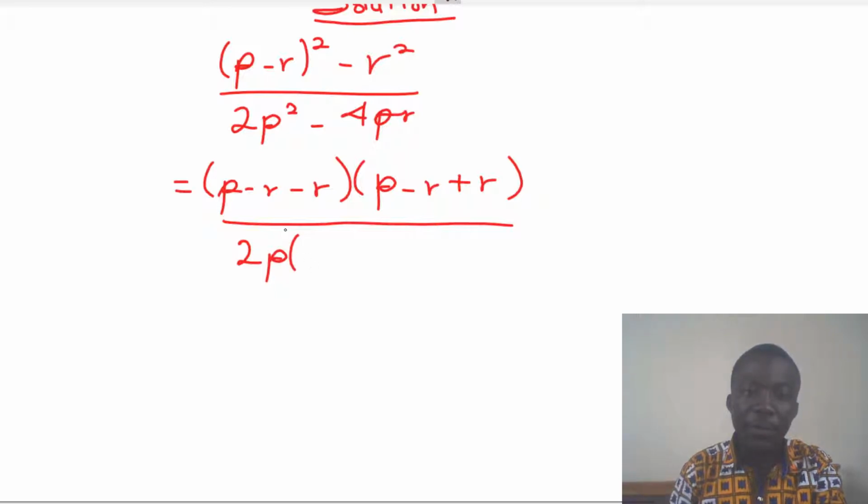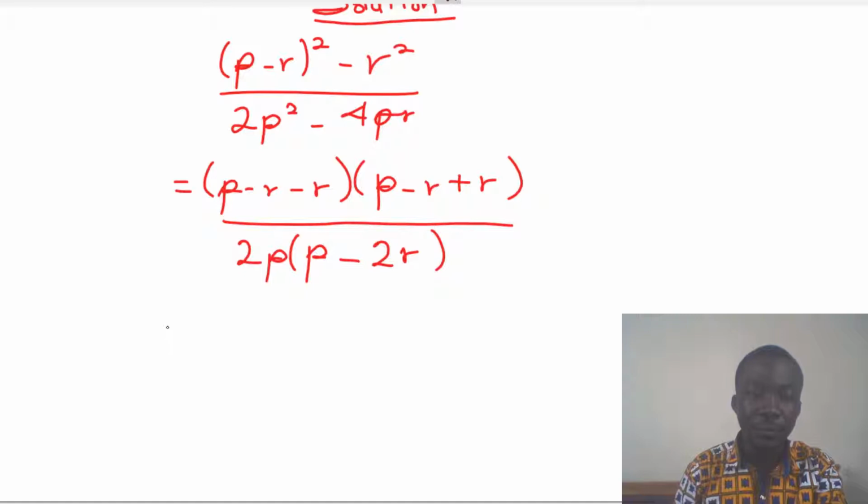So at the end we are going to be left with p minus 2 out. So we left with 2 here, then p is out, so r. When you simplify the numerator, we are going to get p negative r will give us p minus 2r.